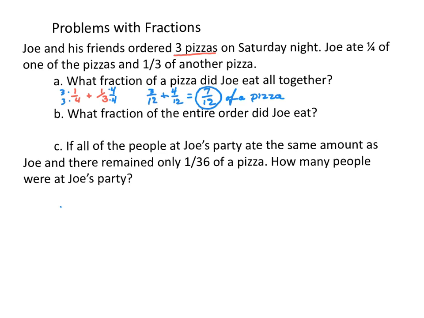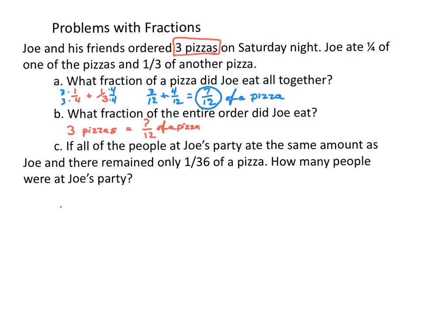So to figure that out, we need to figure out, since he ate 7/12 of a pizza, how many 12ths are in this whole order? 3 pizzas is the whole order. And that is how many 12ths of a pizza?